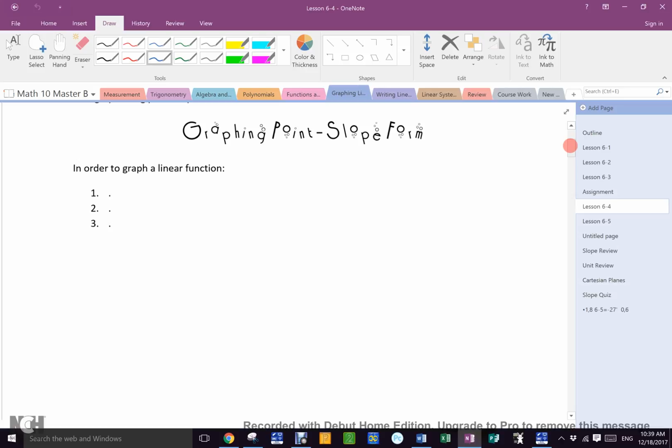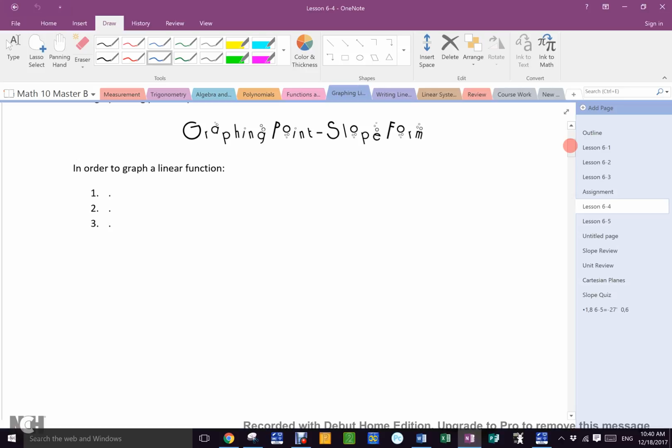All righty. If I want to graph a linear function, I've given you guys 3 ways to do that, yes? In the 9th grade, how did you learn to graph a line? What did you use last year to graph every line? No, that's how you actually drew the line.